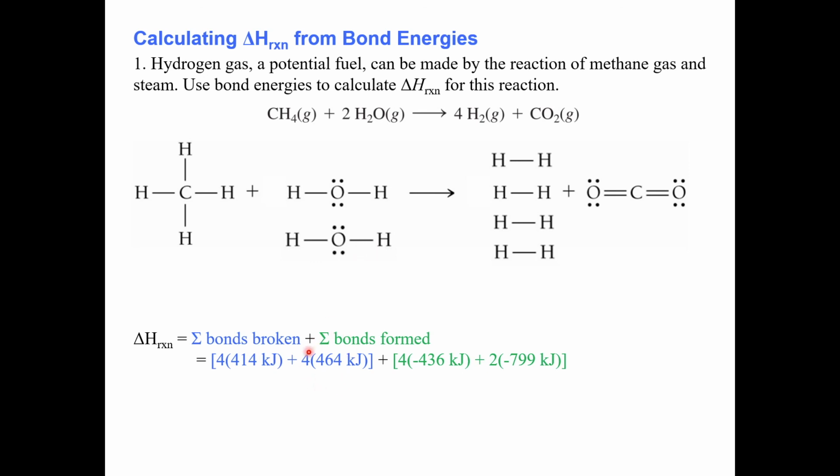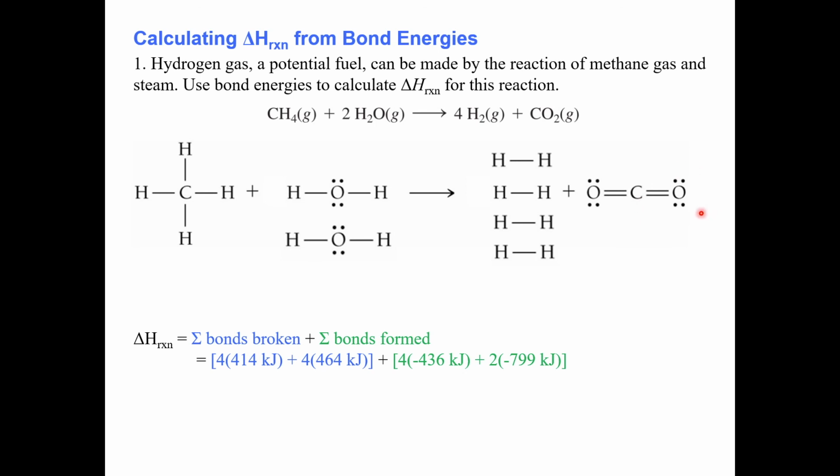And that value is 464 kilojoules. Then you would do the same thing for H2 and for carbon dioxide. And remember, you have 2 bonds of carbon with oxygen, and they are double bonds.